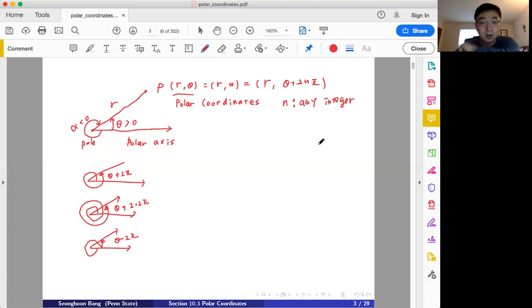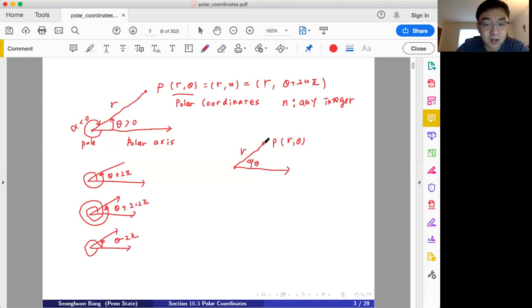One more thing. How can you define a negative length r? Here is the polar axis, and given the point P with r and theta, you connect like this. This is length r, and the angle is theta.